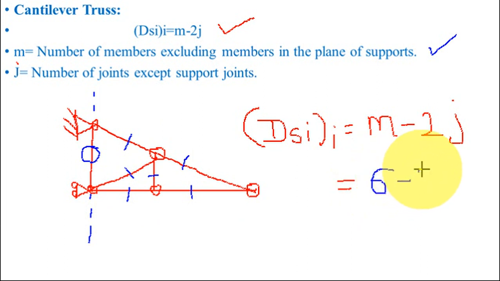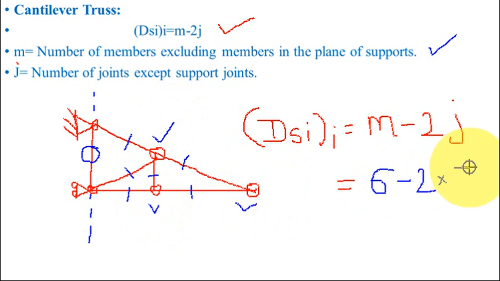Minus 2 times the number of joints. While calculating the joints, let us read this again: number of joints except support joints. So here we have to ignore the support joints, the first joint and second joint. So these joints we will not count. We will consider joint number 1, joint number 2, joint number 3.